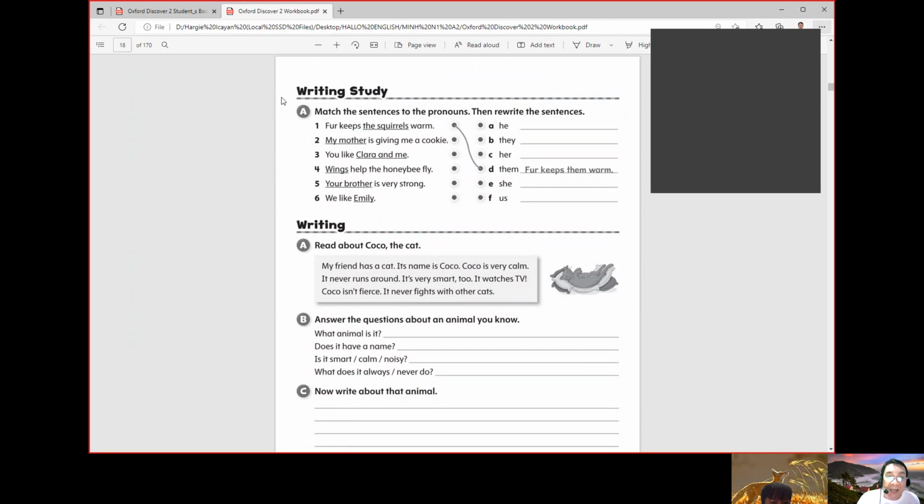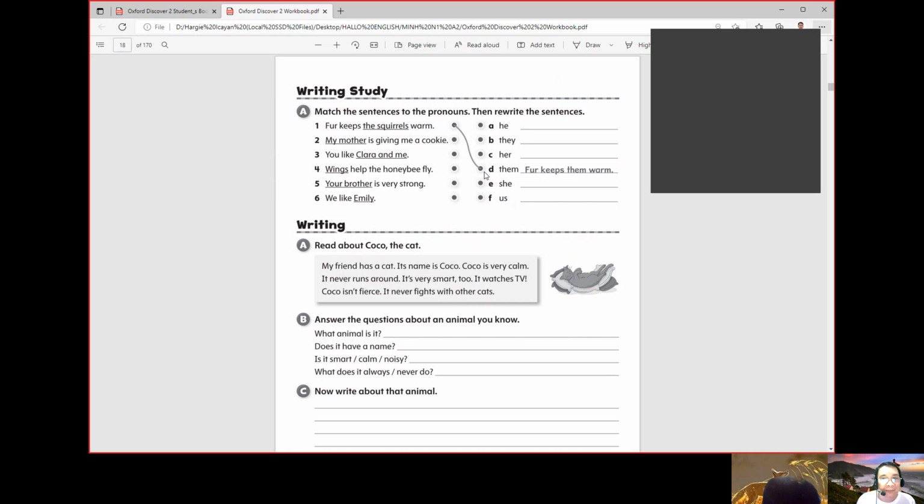Okay, now writing. Match the sentences to the pronouns, then rewrite the sentences. Number one has been given to us. Fur keeps the squirrels warm. And that would be letter D, right? Why do we use the pronoun them?